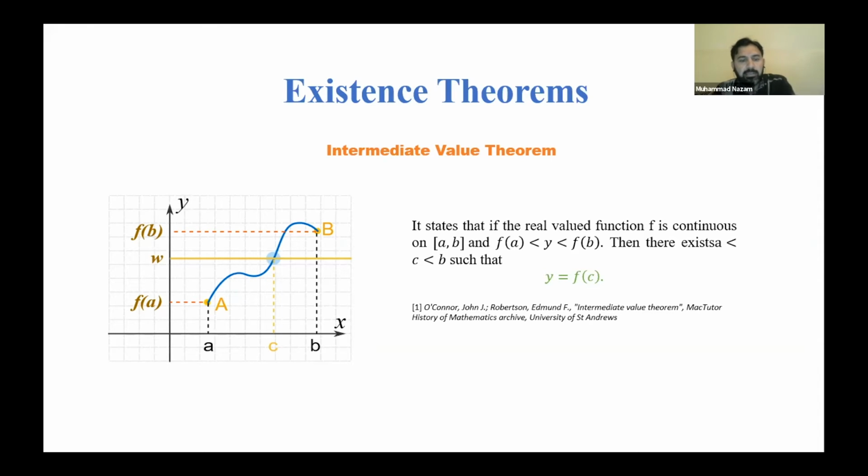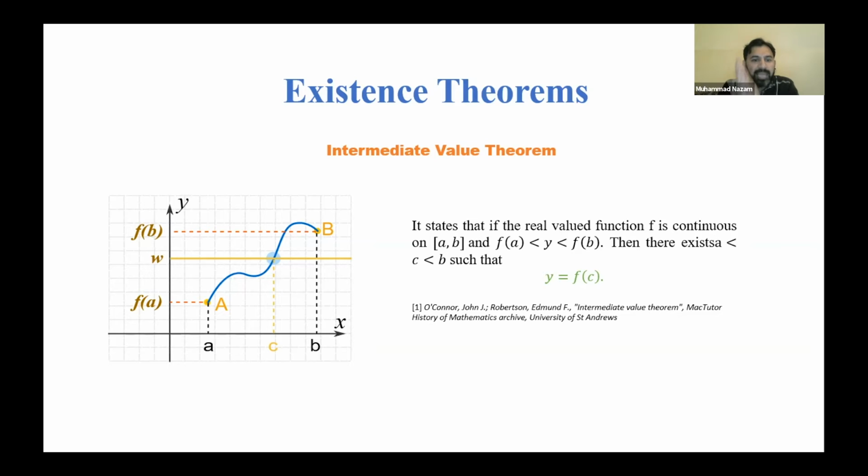So you can see its graph. The continuity of this function directs the graph of this function. You see that, for example, this is a smooth graph. There is no jump. So if you take any two finite points like a and b, then the graph of the function will run smoothly from a to b.